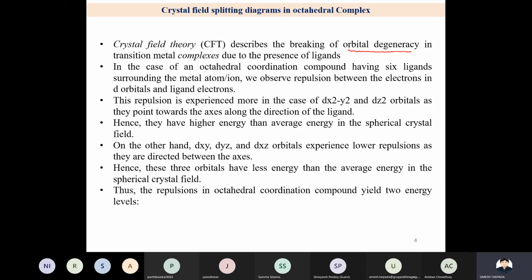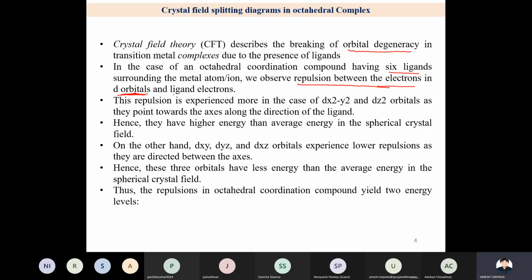So what happens? See, an octahedral complex has 6 ligands surrounding the metal. Once a ligand approaches the metal and comes in contact with it, there is a repulsion between the electrons present in the d orbital and the electrons available on the ligand.